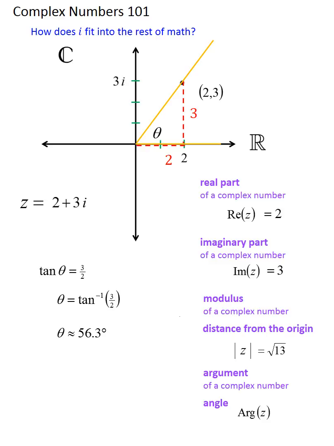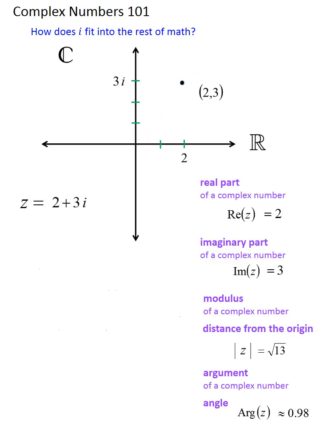We found that this angle is approximately 56.3 degrees. Traditionally, we tend to express the argument in radians. If you don't know what that is, I wouldn't worry about that too much now either, but we now have an approximation for the argument of z. That concludes the 4 vocabulary phrases and calculations you need to know about complex numbers, and that also completes the lesson.